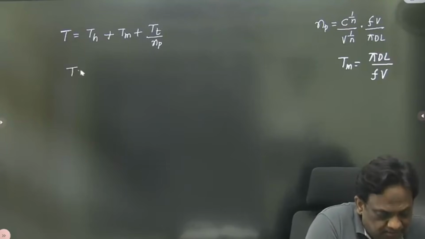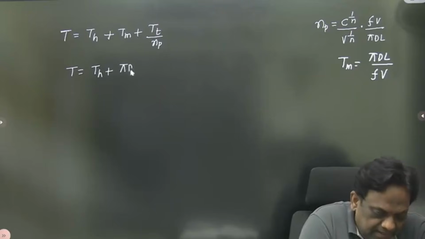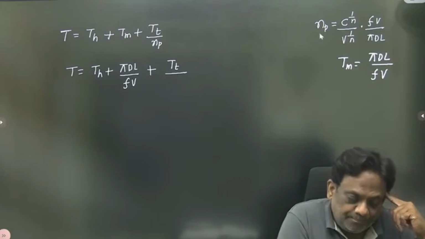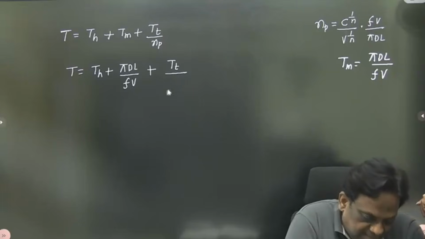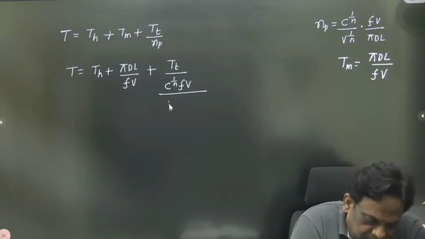सब values put करना sir. It will be TH plus what is machining time? It is pi dl by FV. This is machining time plus TT by NP. What is NP, sir? NP is C power 1 by n FV by V power 1 by n pi dl.